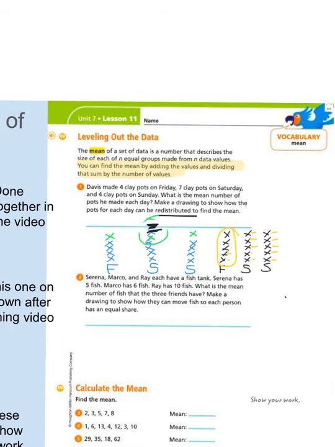I'm going to get a pen here so I can write for you. 5 clay pots they are. Now, you're going to do the same thing that I just demonstrated on problem 2. And I do want to go over how we find the mean just mathematically. So let me get to that problem.